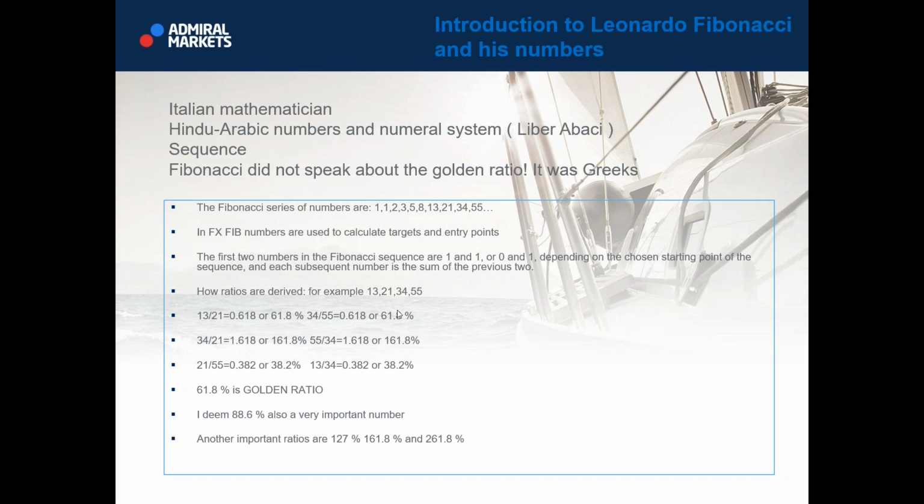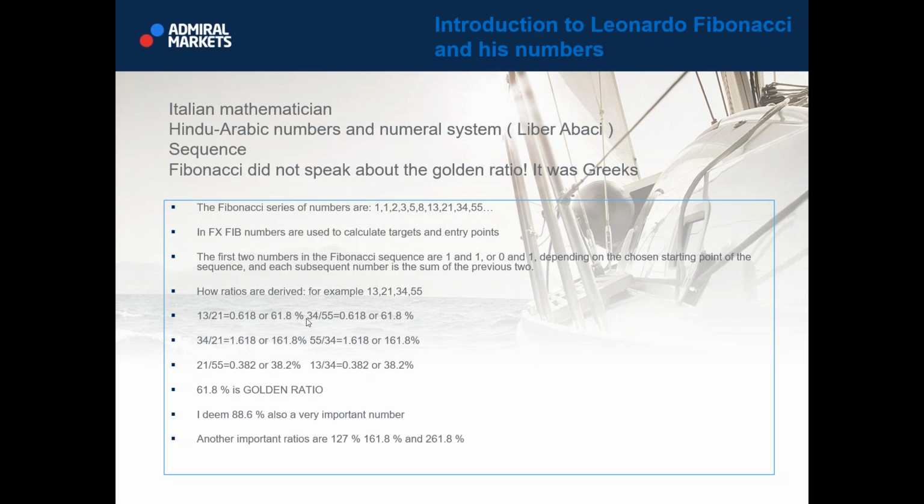That is why some traders use 13 and 21 MA crosses. Then 34 divided by 21 is 1.618, and 21 divided by 55 is 0.38, and so on.